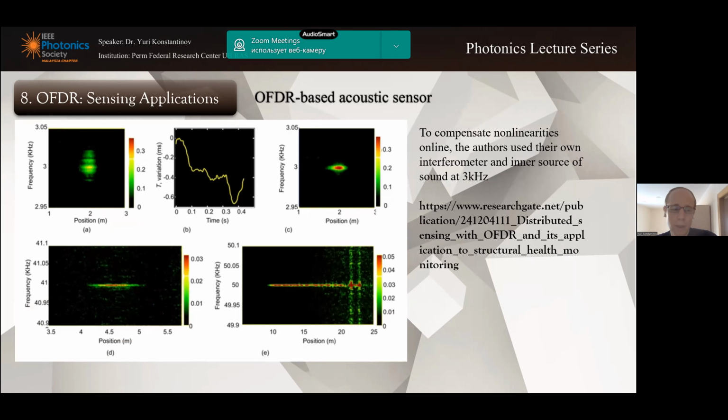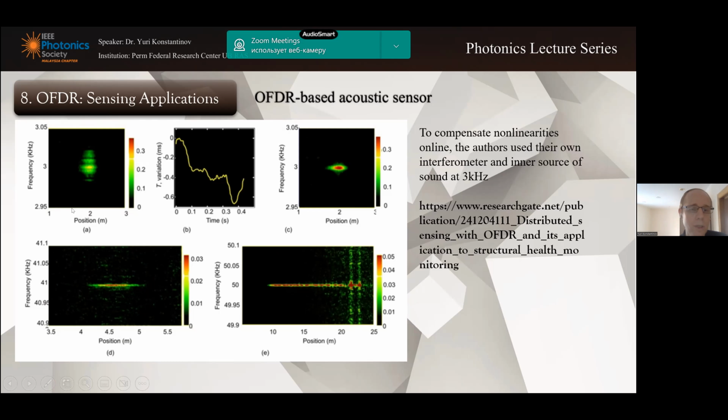This team of researchers provided the OFDR. First of all, they provided a very high scanning sweep. Another interesting thing is that to compensate the nonlinearities, the authors use their own interferometer and an inner source of sound at 3 kilohertz. And in this setup, they have acquired a very precise measurement within a 1.3 to 2 meter long fiber.